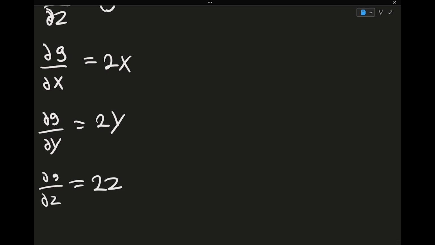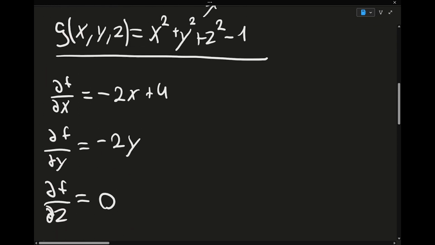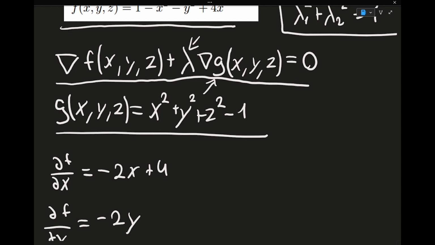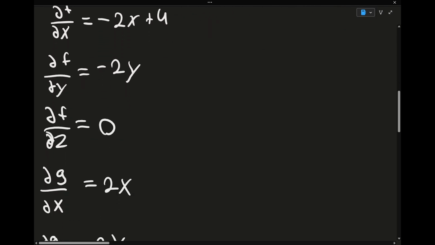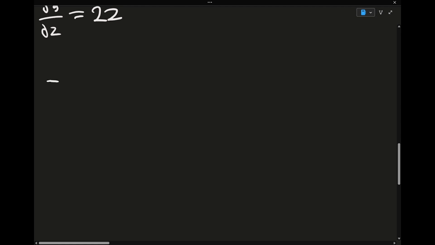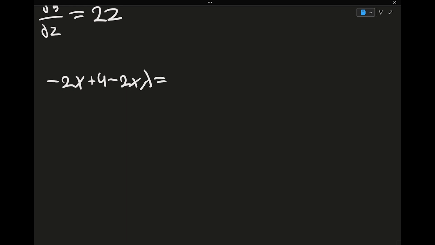If we go back to the top, this is our ansatz. We have to differentiate f, we have to differentiate g, but we also need to multiply g with our lambda itself. So now we can write our completed system of equations. If we write everything down, we get 2 minus 2x plus 4 plus 2x lambda is equal to 0.